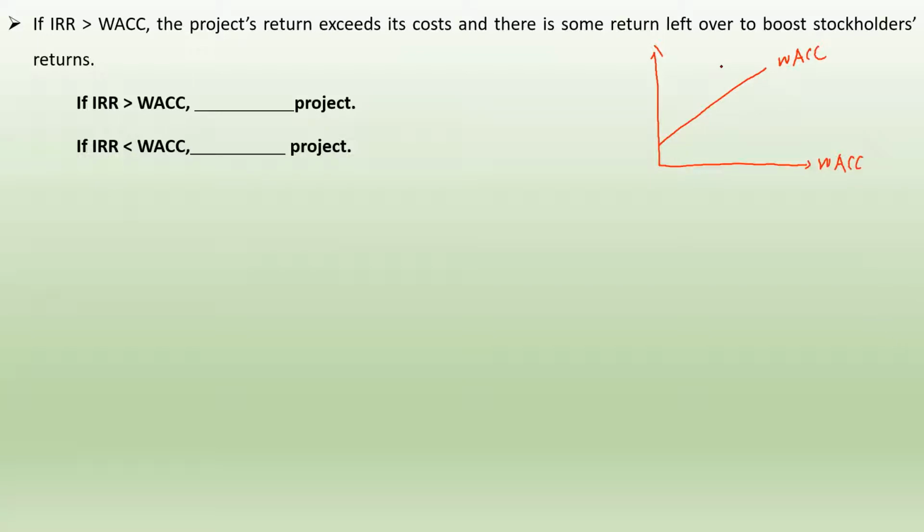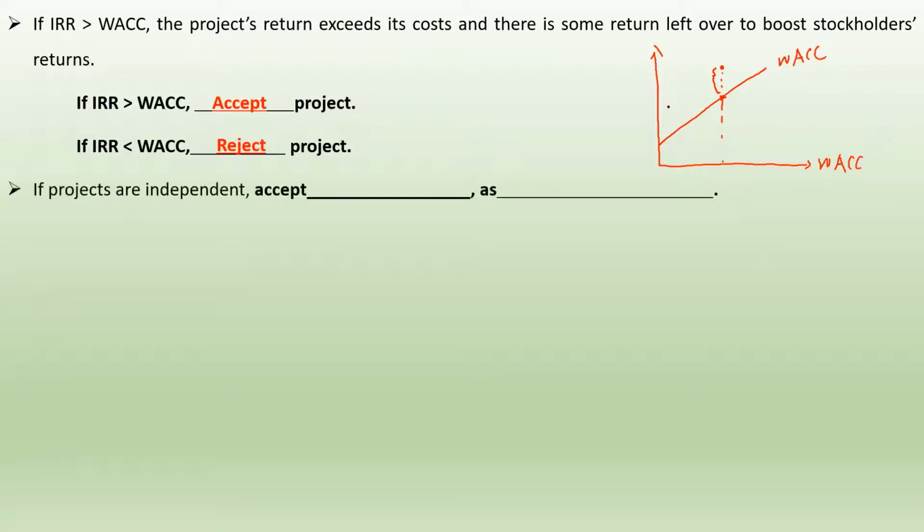If IRR is greater than the corresponding weighted average cost of capital, there are returns left over to boost the shareholders' return. It's a good investment. If IRR is greater than the weighted average cost of capital, we accept the project. If IRR is less, we reject the project.